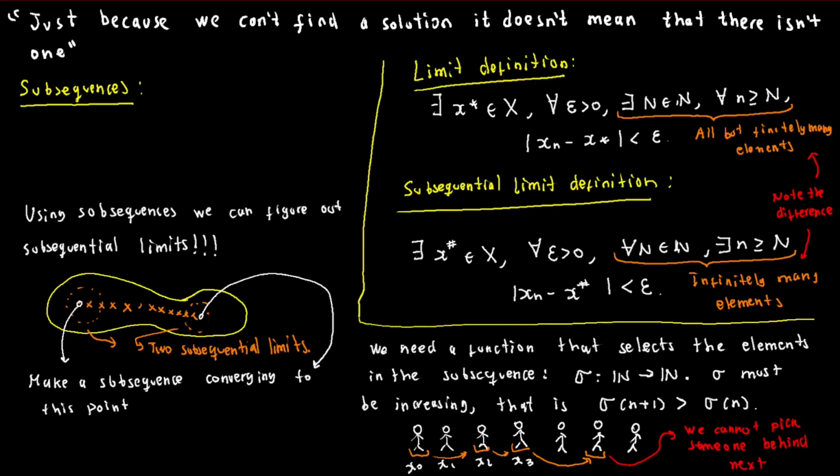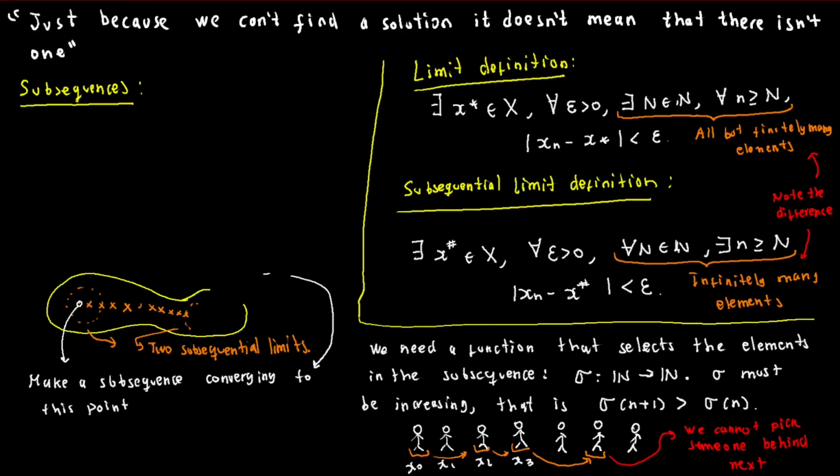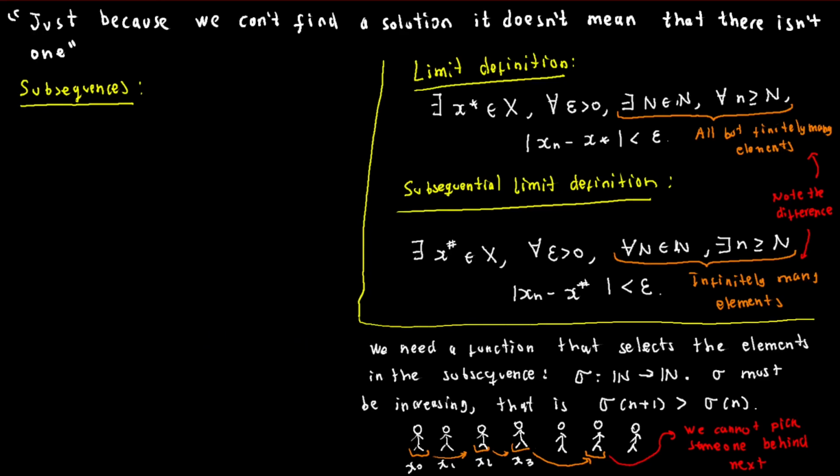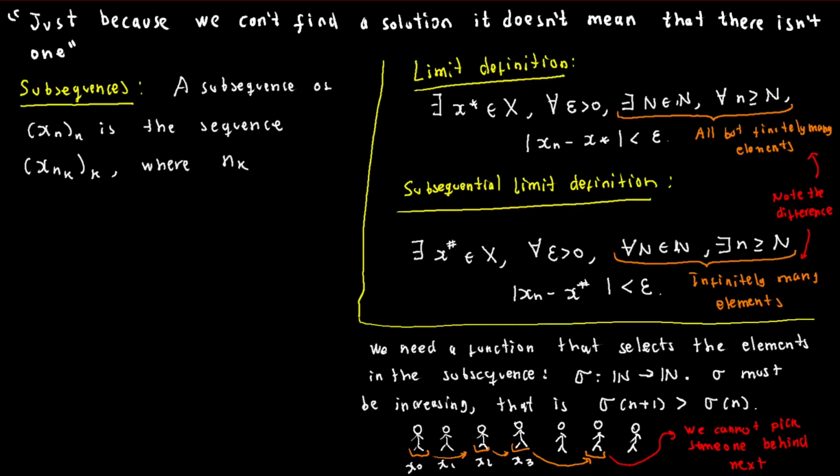Now, since a sequence is just a function from the naturals to some space, we can use sigma to create a new sequence, which is our subsequence. We pick elements from the original sequence by using the values in sigma as indices. That's why we write the subsequence as x sub n sub k, where k is the independent variable and nk is the strictly increasing sequence of natural numbers that we used to pick the elements.